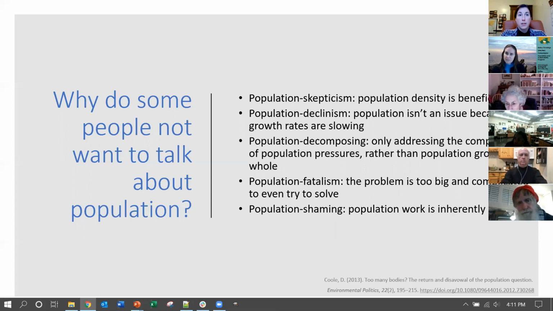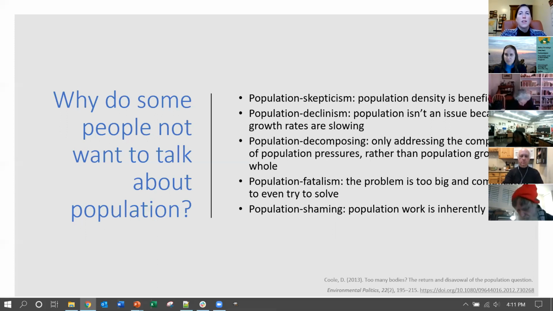There's population declinism, which is the argument that population is not an issue because the growth rates are slowing. And they are, but there's still a lot of room for improvement, especially in terms of ensuring reproductive freedom for everyone. There's population decomposing, which looks at only addressing the components of population pressures rather than population growth as a whole.